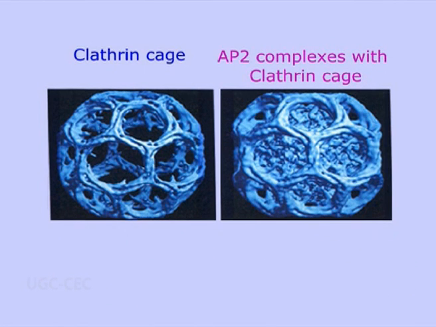Triskelions polymerize to form a polygonal lattice with an intrinsic curvature. When Clathrin polymerizes on a donor membrane, it does so in association with adapter protein, or AP, complexes which assemble between the Clathrin lattice and the membrane. Each AP complex has 340,000 molecular weight.